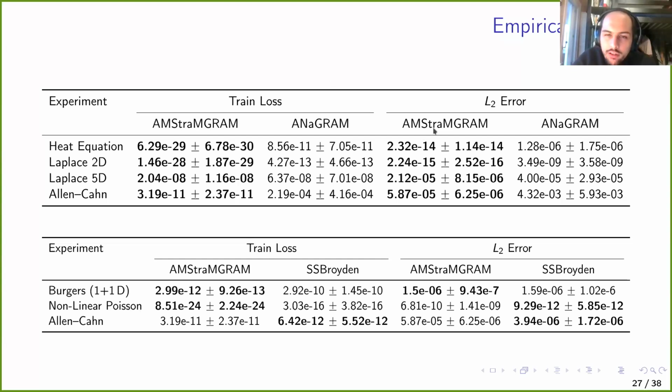AMStraMGRAM is not yet; it will probably be available next week. We didn't have time to make a clean GitHub repo, but once I'm done with my dissertation, I will take some time to do it.